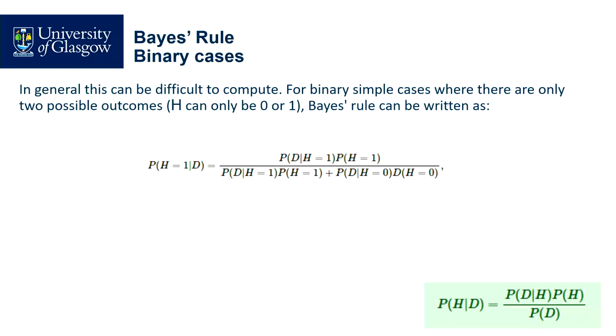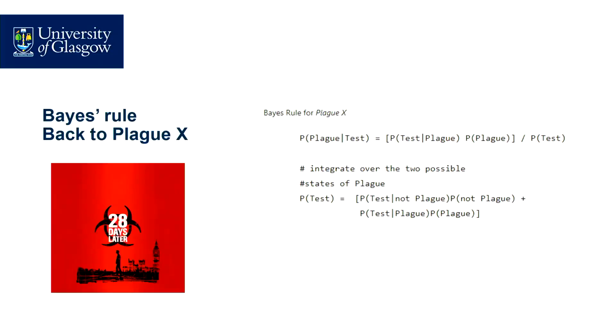So that's the general form of Bayes' rule, except that obviously if you have more than one possible outcome, this sum becomes bigger. And in the case of a continuous variable, you would have an integral instead of a sum.